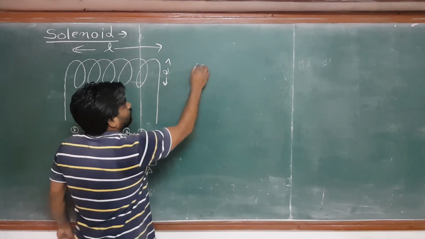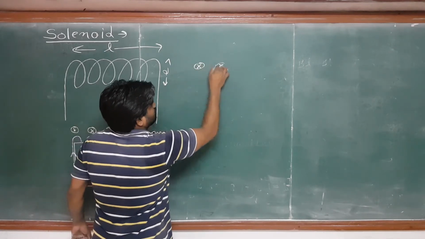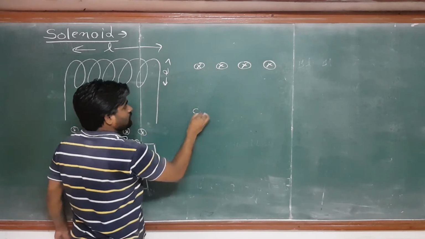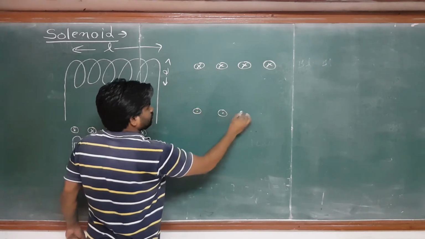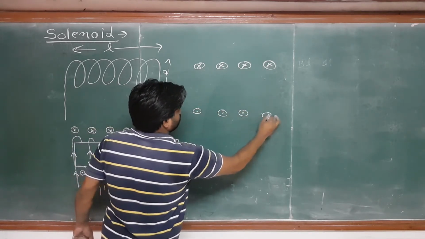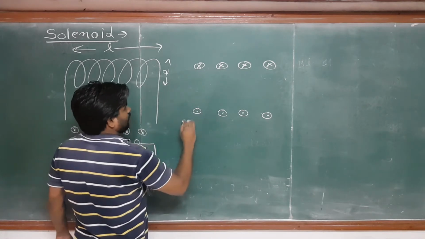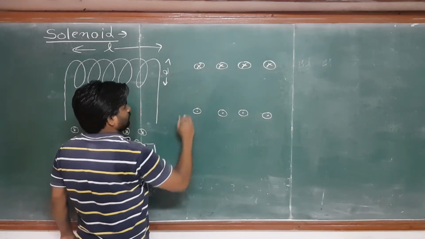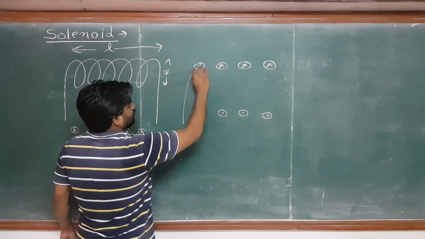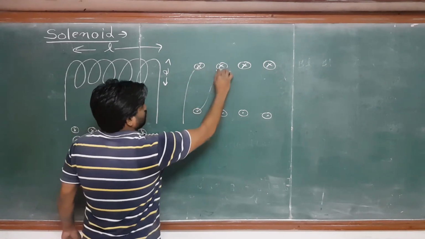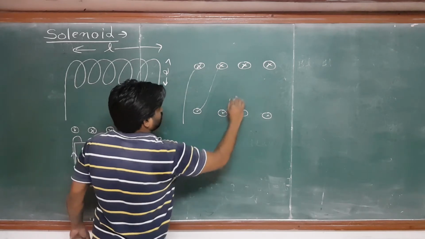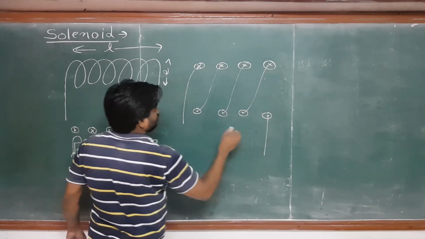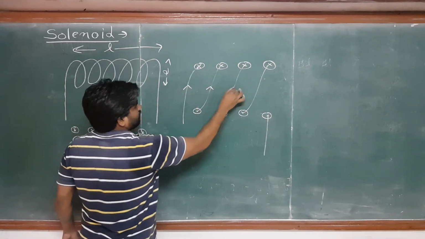Okay. Now these crosses here and these dots are here. And this is the magnet, the current carrying conductor. I'll draw like this. Okay, so current is going like that.